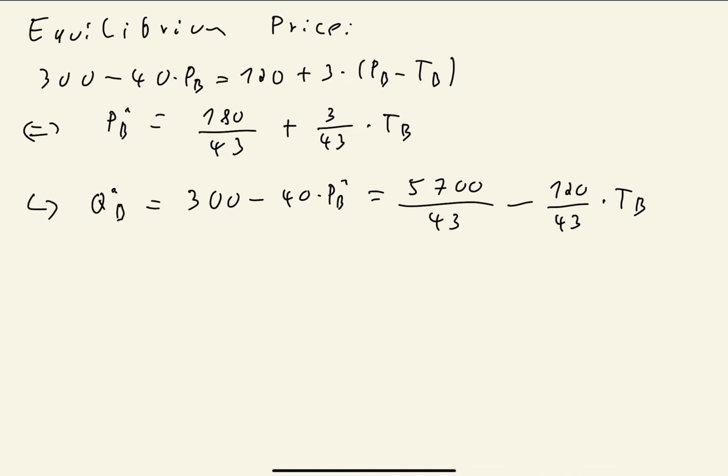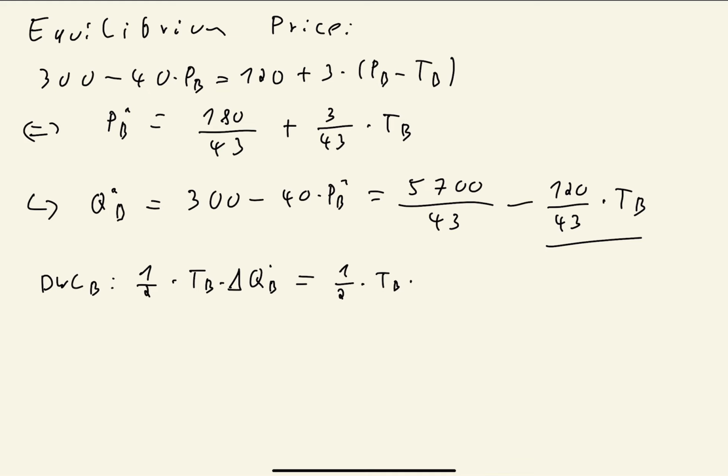Now the dead weight loss for bananas is given by 1/2 times the tax on bananas times the change in the quantity traded in the market of bananas due to the tax. This is then 1/2 times TB times, again, this expression here, of course the strictly positive term.